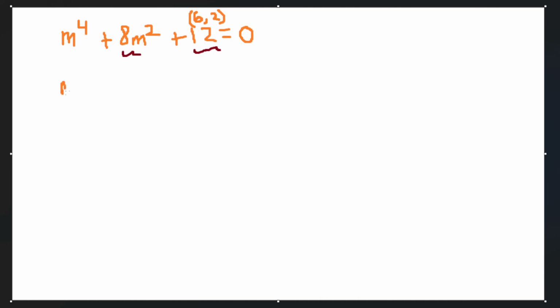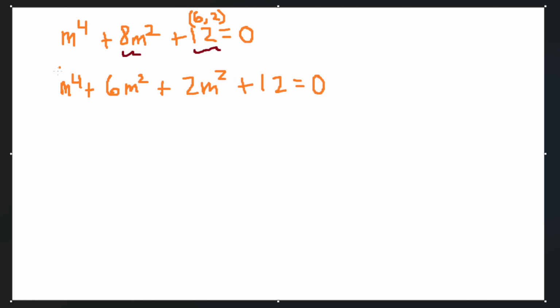Here we would have m to the fourth plus 6m squared plus 2m squared plus 12 equals 0.